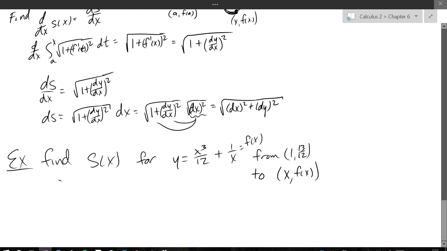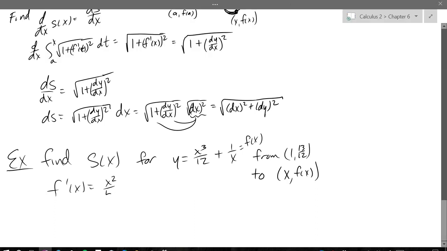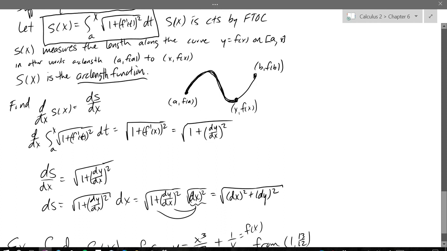So we need the derivative. So what is f prime? Take the derivative. 3 over 12 is 1/4. x squared over 4 minus 1 over x squared. Yep. All right, S of x. Just copy down what S of x is.